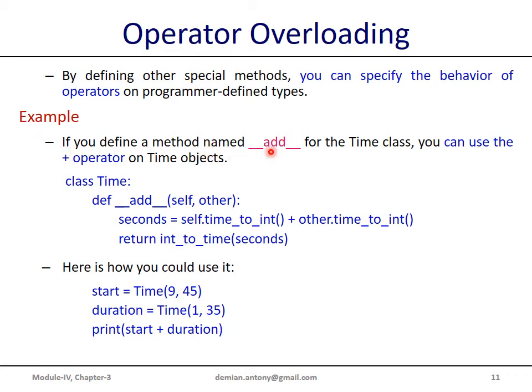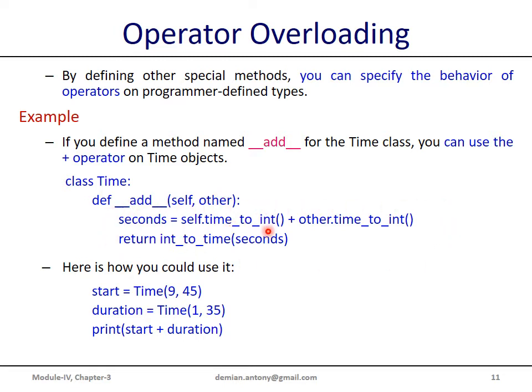We try to define a method add, with double underscore add double underscore, to add 2 time objects, so that we can use the plus operator on time objects. We need to add this special method inside the class Time like this: def double underscore add self, the subject, and the second object, and we know the body of this add.